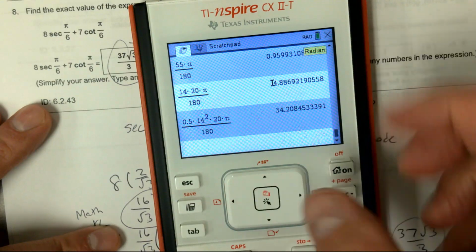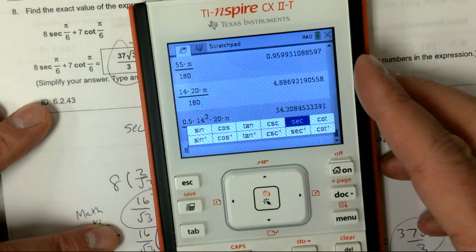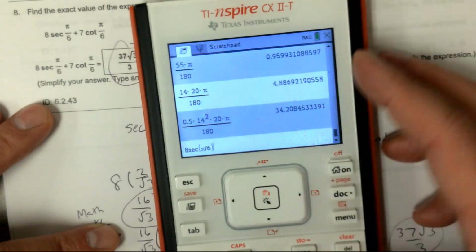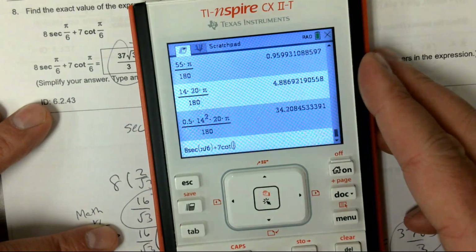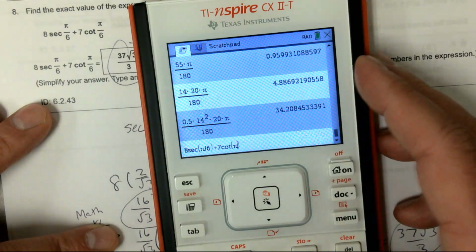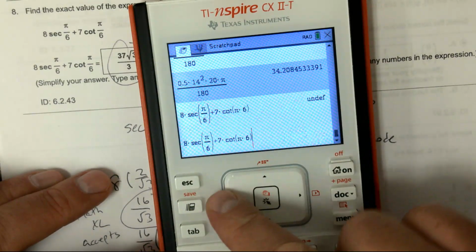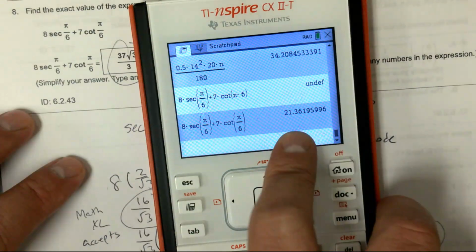And I'm going to do 8 secant. So I press the trig button, go to secant, pi 6, plus 7 cotangent, pi 6. As a decimal, whoops, I did times on accident right there. I get 21.36.